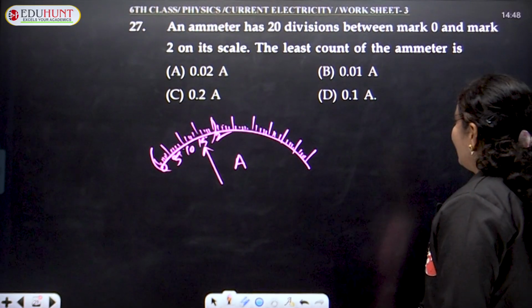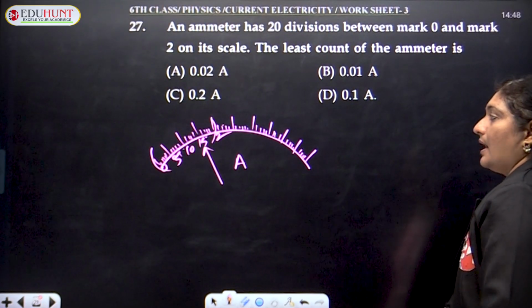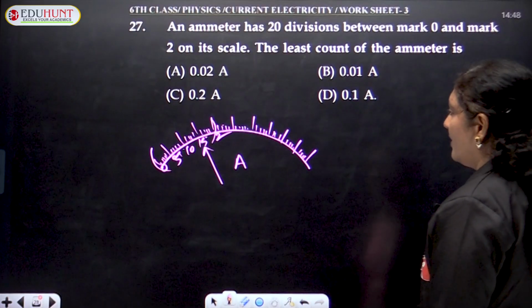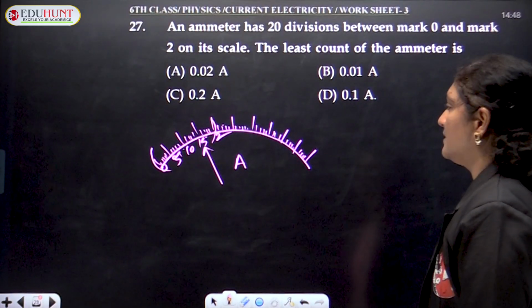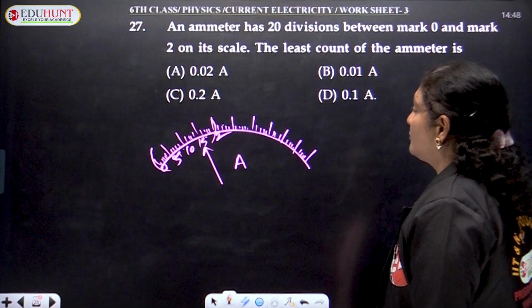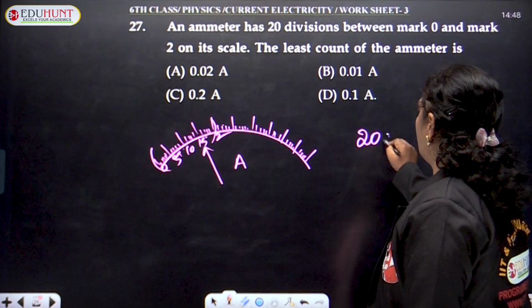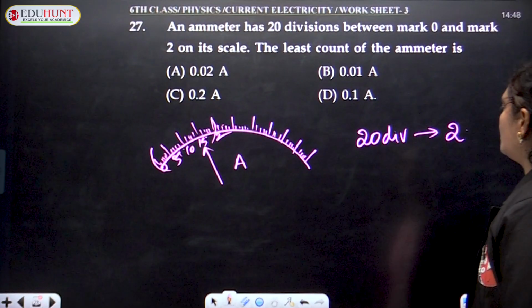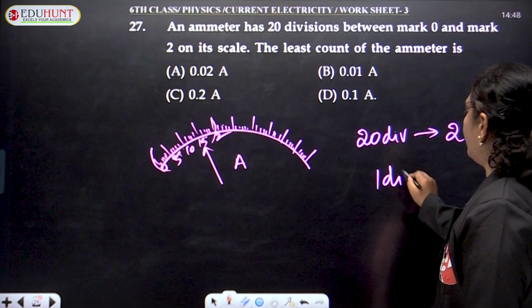The least count of the ammeter is, earlier we solved for the voltmeter, now here it was asking for the ammeter. If 20 divisions indicate marking as 2, then what is the value of 1 division?